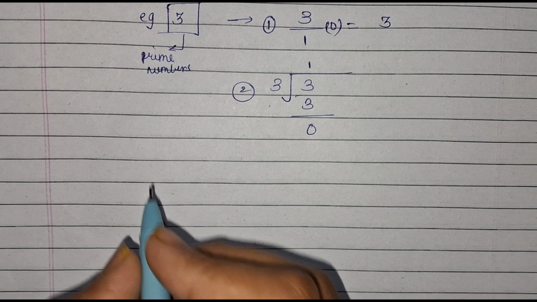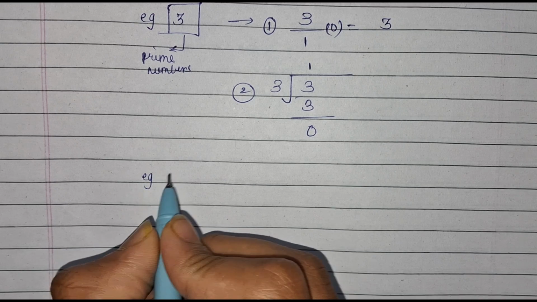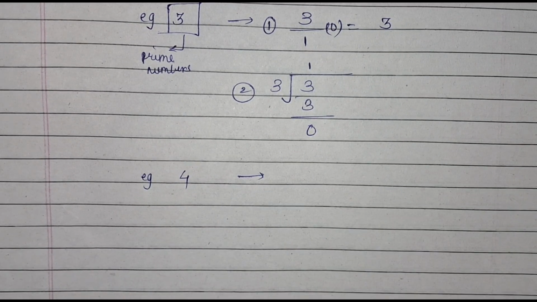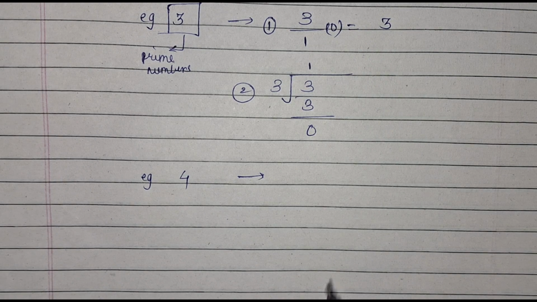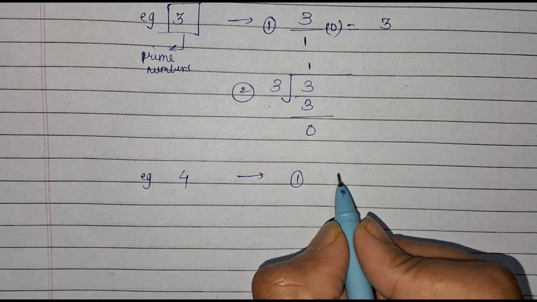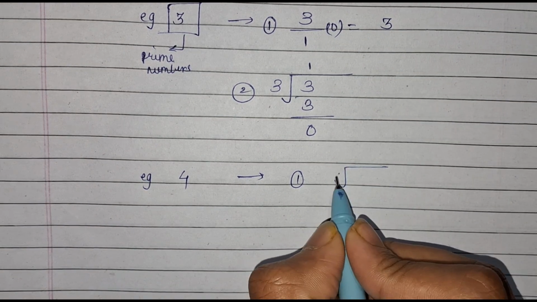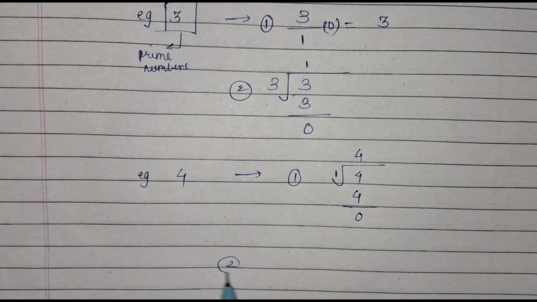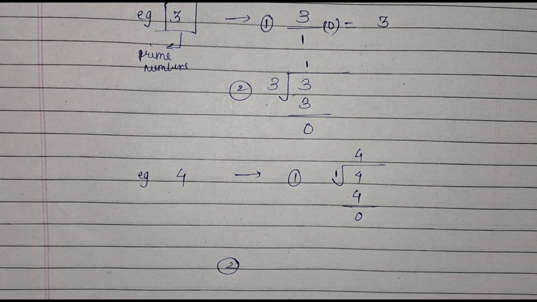Now let's check another number, let's say 4. First check for 1, whether it is divisible by 1 or not. It is divisible by 1. Then check for the other numbers.